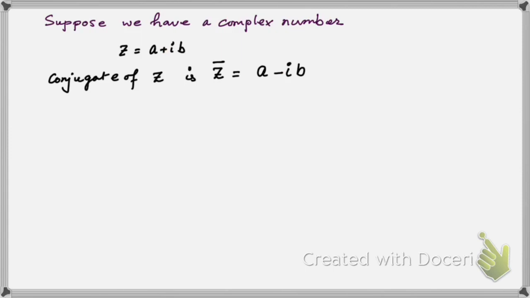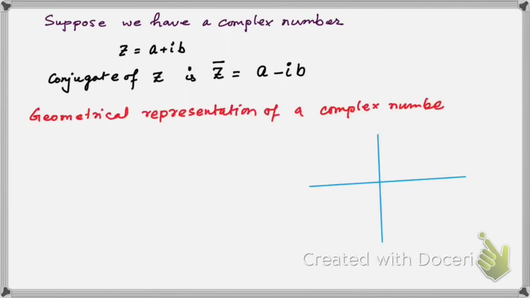Now what is the geometrical representation of a complex number? Suppose this is the x-axis and this is the y-axis, here it is y dash, this is x dash, and this is the origin O. We have a complex number z is equal to a plus ib.